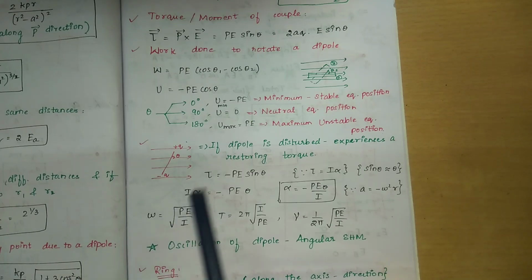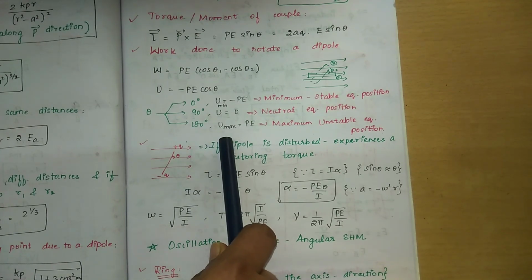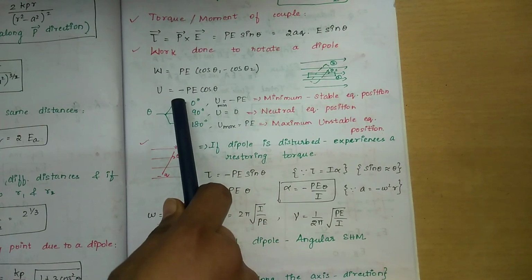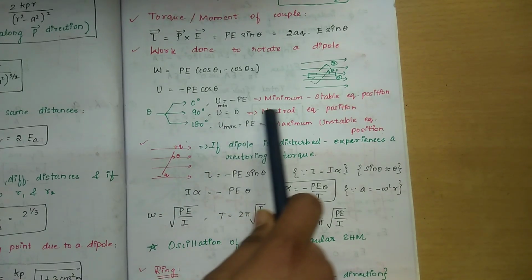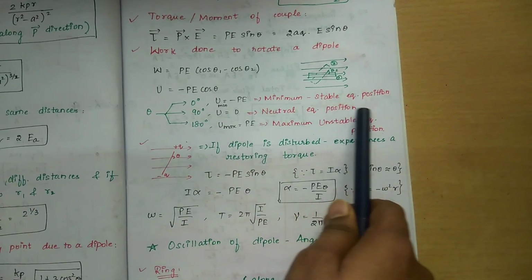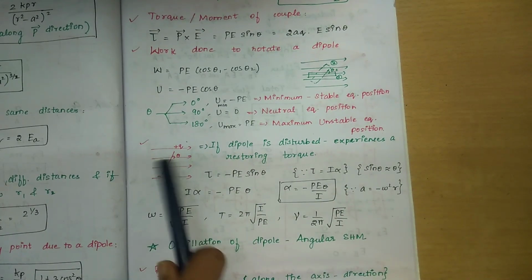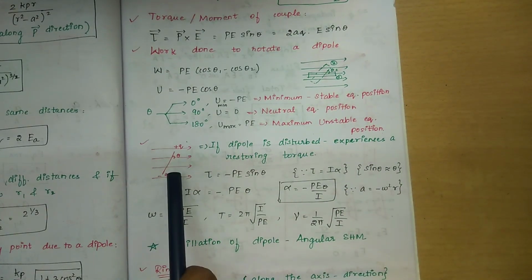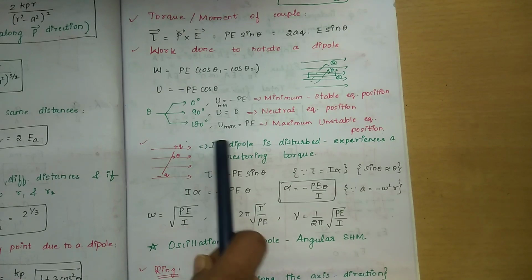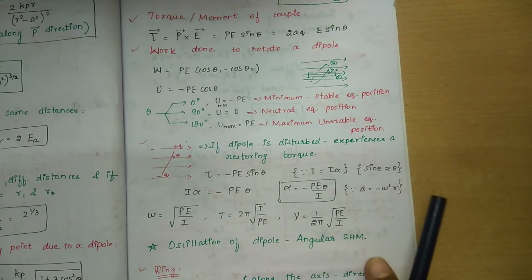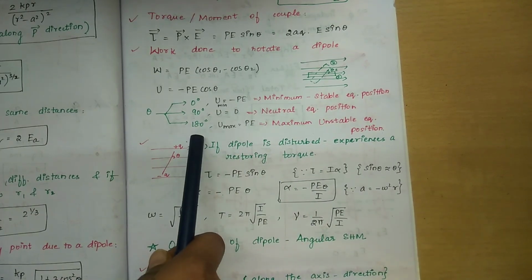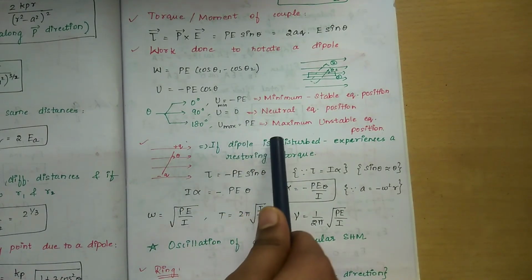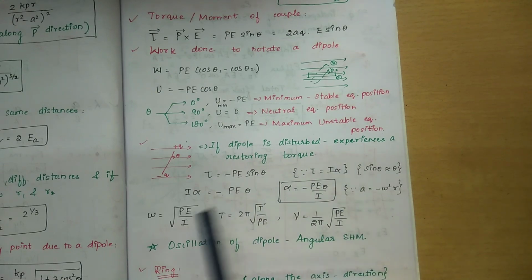If theta is 0, the potential energy becomes minus pE, which is minimum, and it is a stable equilibrium position. Then 90 degrees means neutral equilibrium position, neither stable nor unstable. Then 180 degrees means maximum potential energy, which is unstable equilibrium.